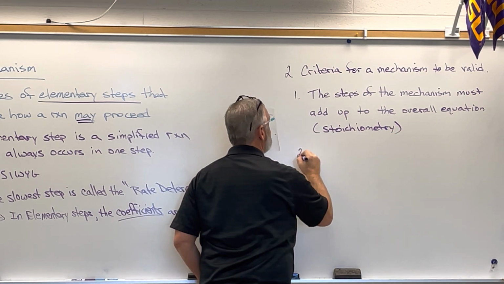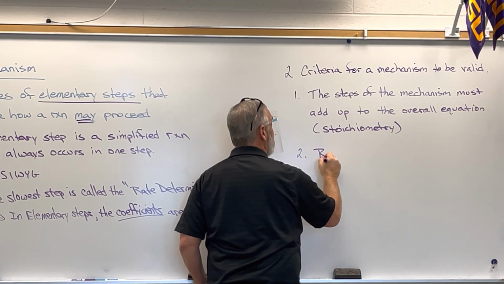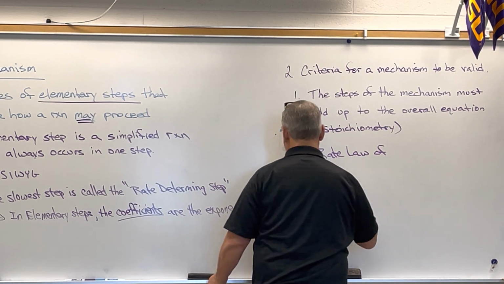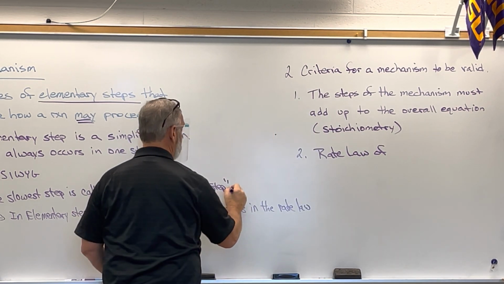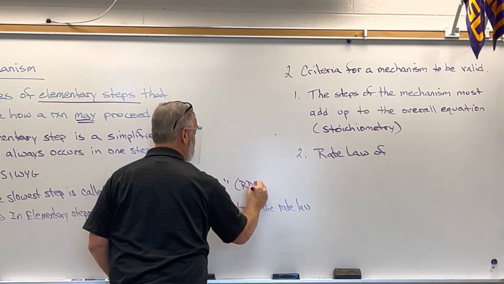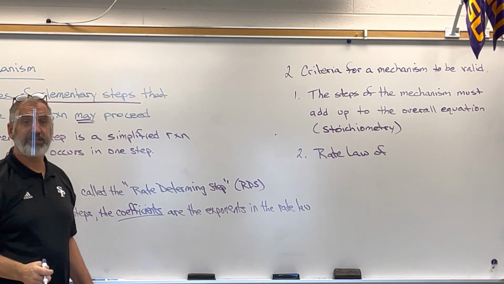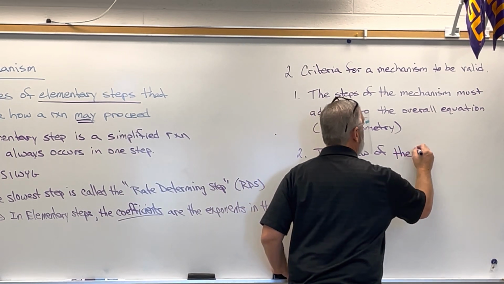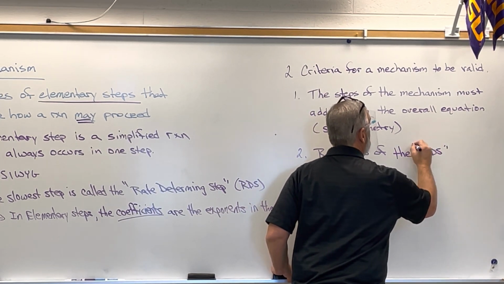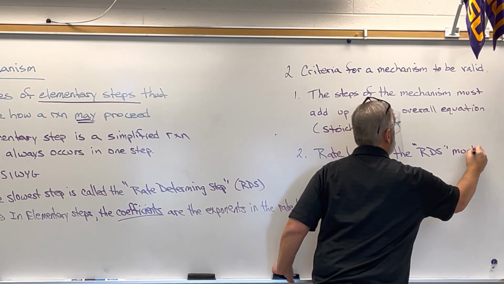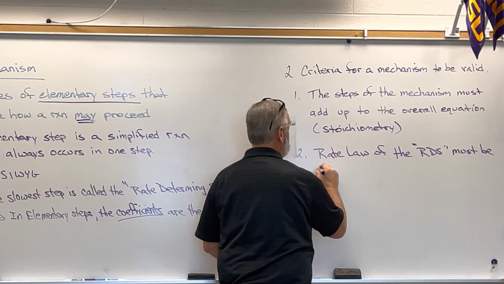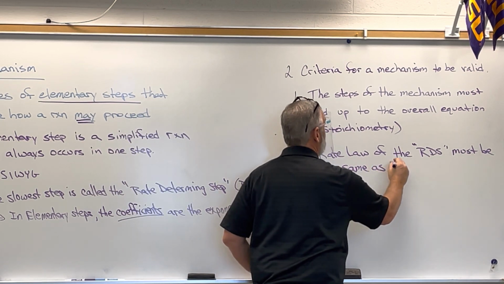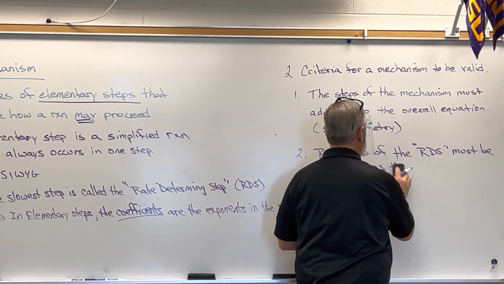But the second one is the rate law of, can I call this RDS, rate determining step, so I don't have to write that out every time. The rate law of the RDS must be the same as the experimentally determined rate law.